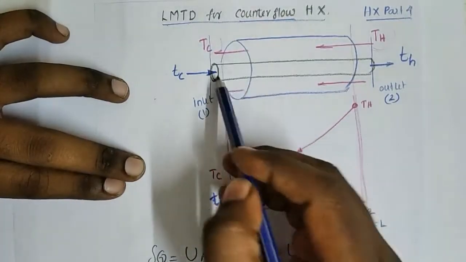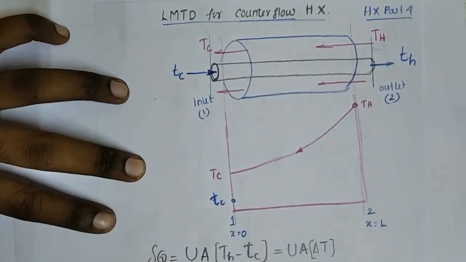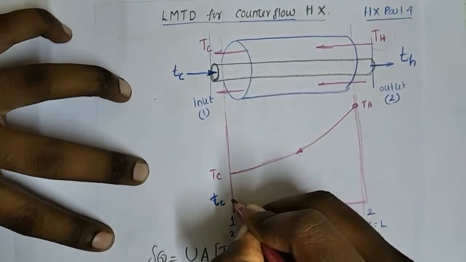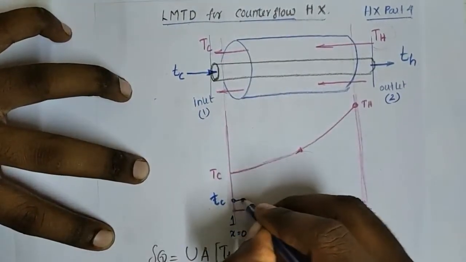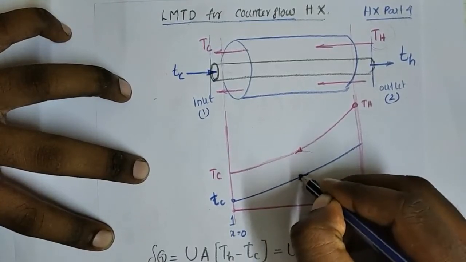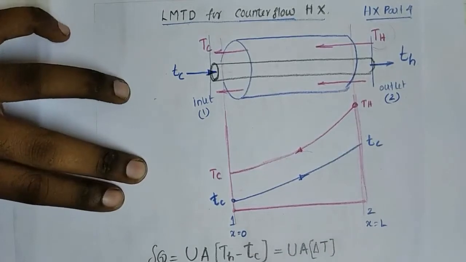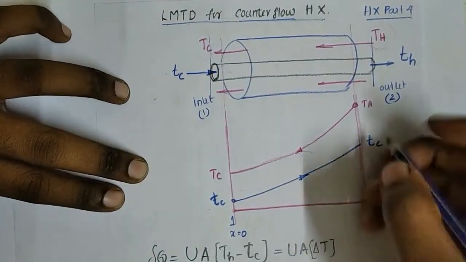And if the length goes on increasing, the temperature goes on increasing due to gaining heat from the hot fluid. That means in the direction sense, if the length goes on increasing, the temperature goes on increasing. Here this is small tc. Sorry, small th.